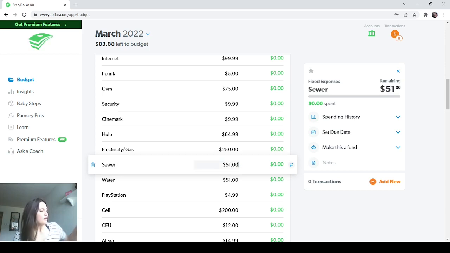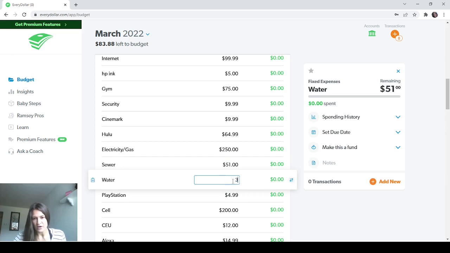Water, let me grab my paper budget planner because water, I have a utility bill tracker that shows me how much we paid last year. So last year in March for water, we paid $24.05. So I am going to budget $30 just because things are going up.